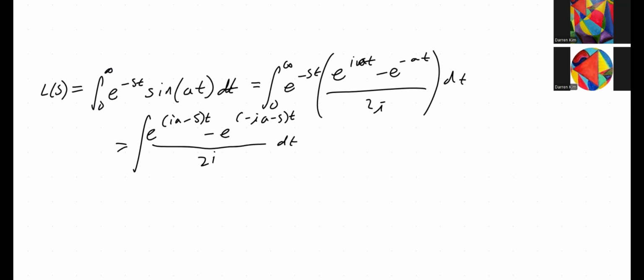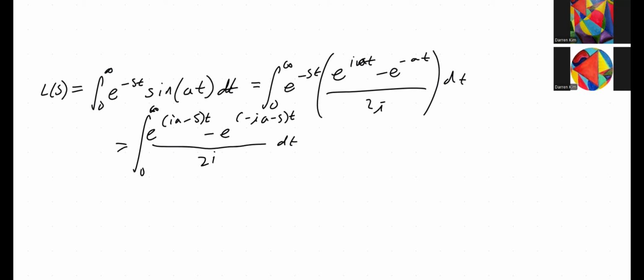You keep on simplifying. And we all know that imaginary is just a number, so it doesn't matter how you treat it. You can treat it like any other variable.